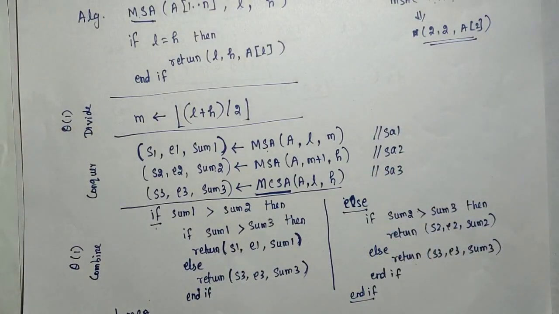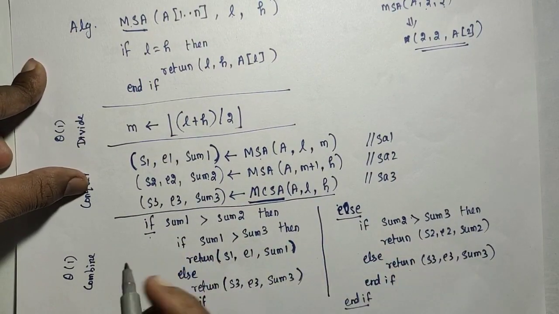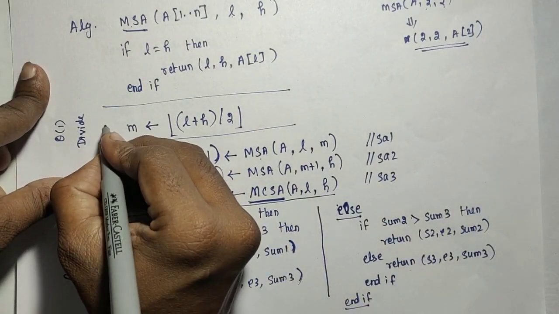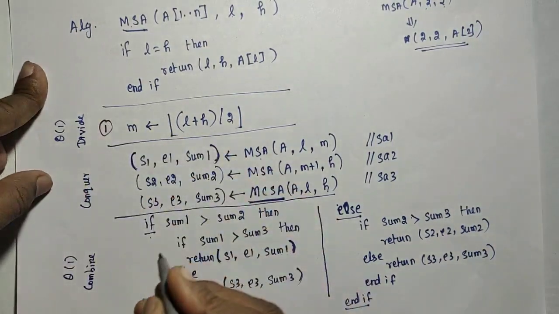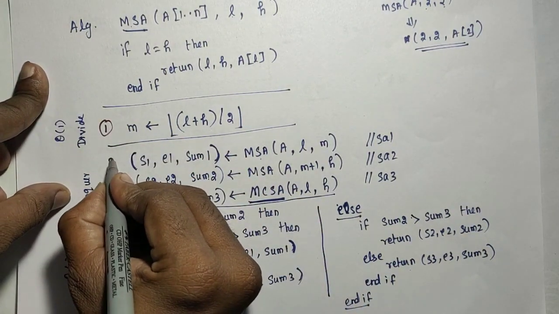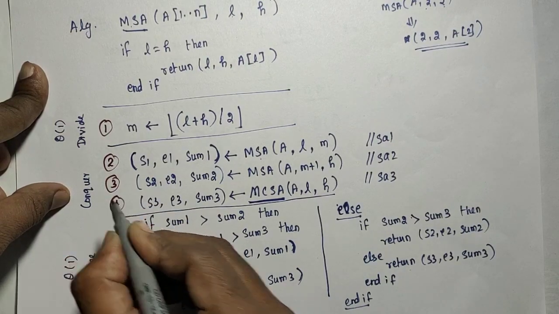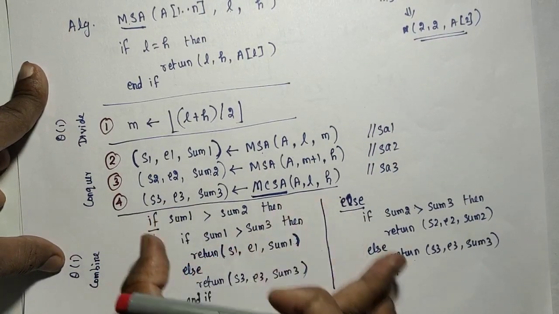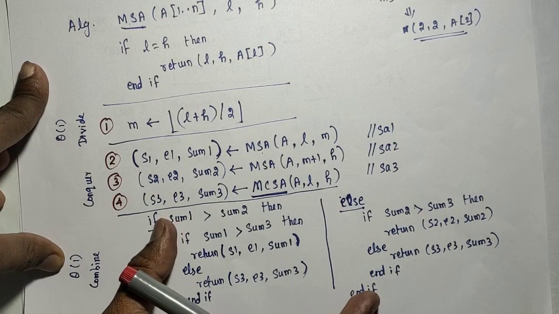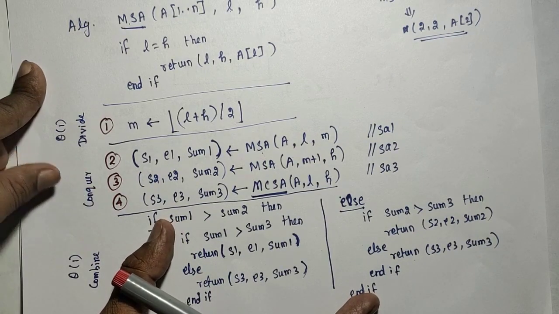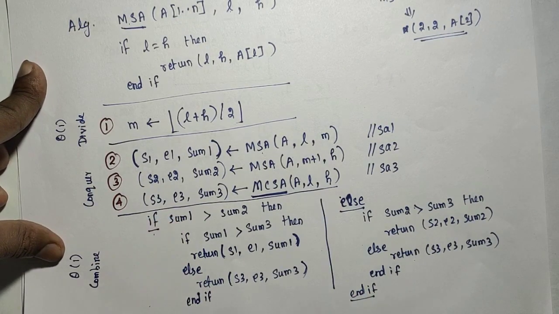Now I need to concentrate on finding the complexity for the conquer. We may write the step numbers. The divide step is 1, and the conquer has 3 steps: 2, 3, and 4. And then combine will be considered a single step, because this procedure is finding the maximum among 3 numbers.